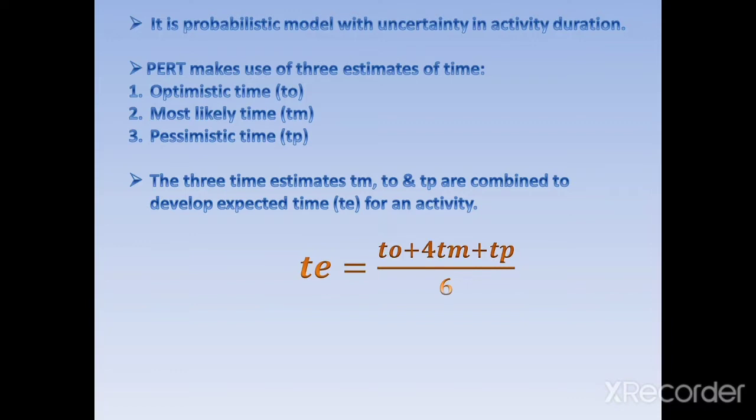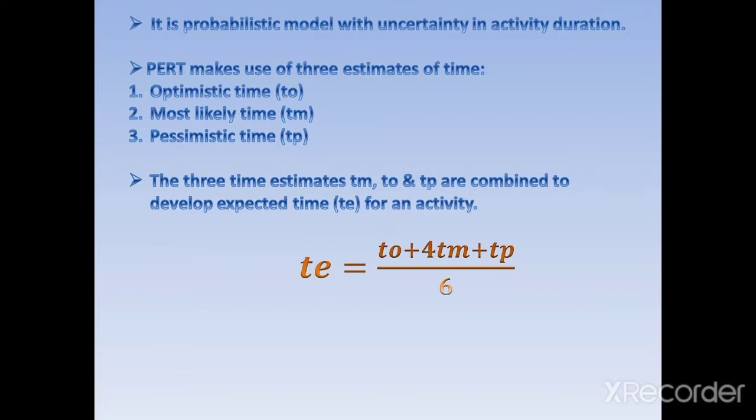That activity completion time is called the optimistic time. The most likely time is what we consider with a normal pace. In the optimistic time we consider a faster pace, while in the most likely time we consider the normal pace. If the activities are going on at a normal pace, how much time will it take? That is the most likely time.